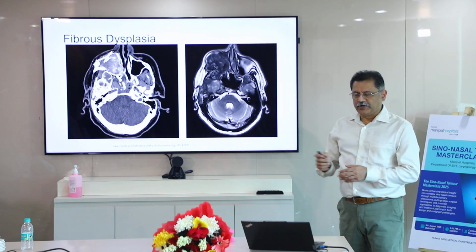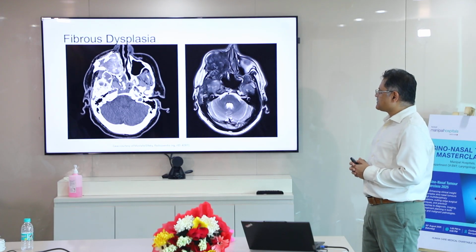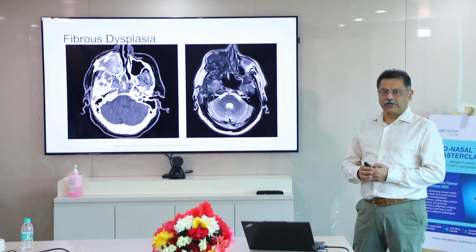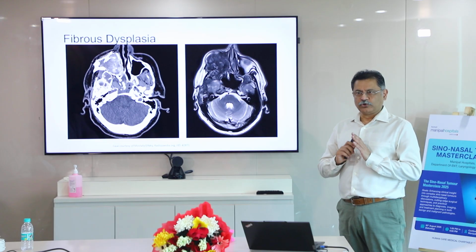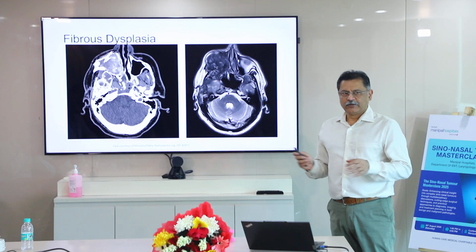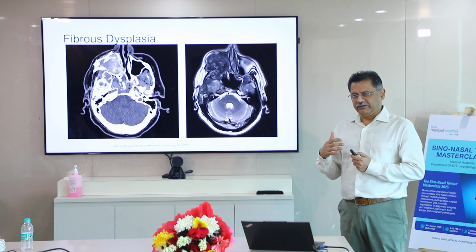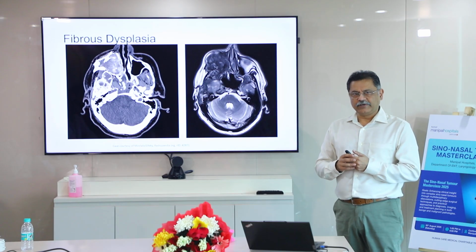I have included this one very specifically. Fibrous dysplasia is the one condition where you cannot rely on an MRI. MRI can throw you off completely because fibrous dysplasia has a tendency to have a very varied appearance on the MRI.